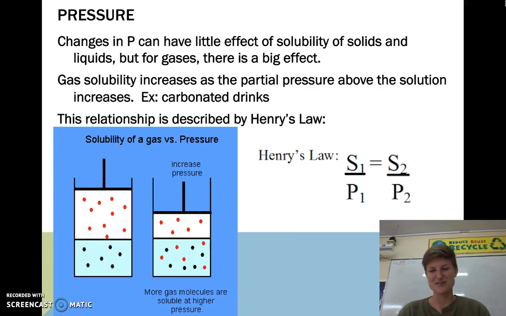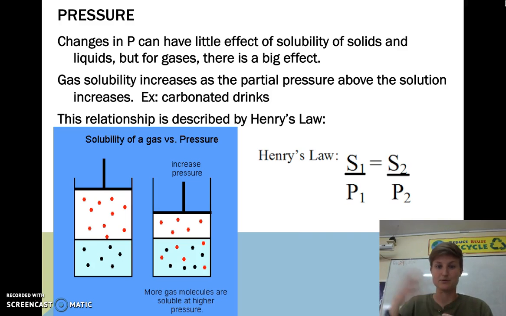All right, and then pressure was the second thing. Changes in pressure really don't affect solids and liquids. They're mainly affecting gases. And so gas solubility increases as the partial pressure above the solution increases, like soda pop, whatever you want to call it. So when you open a Coke and it fizzes, they have put a ton of pressure on it.